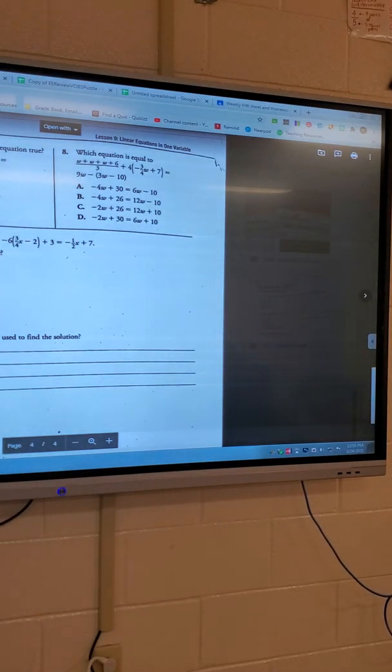There's the other one, okay? You can work these as though they are two separate problems. So plug in negative 20 right here and get the answer. Plug in negative 20 right here and get your answer, okay?